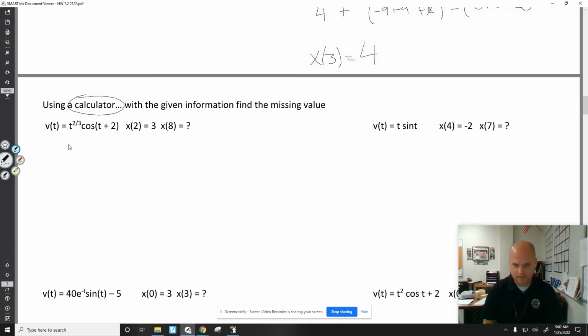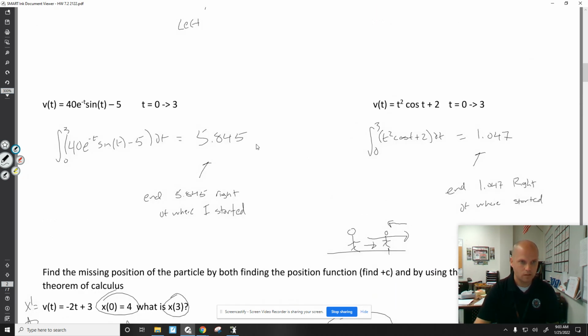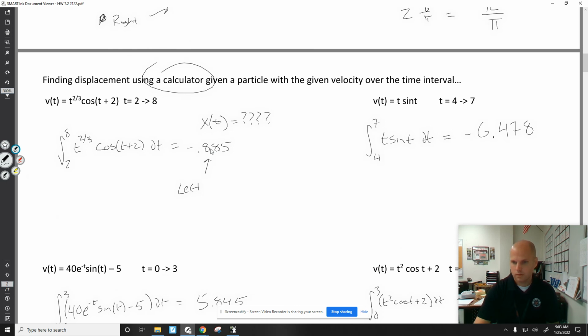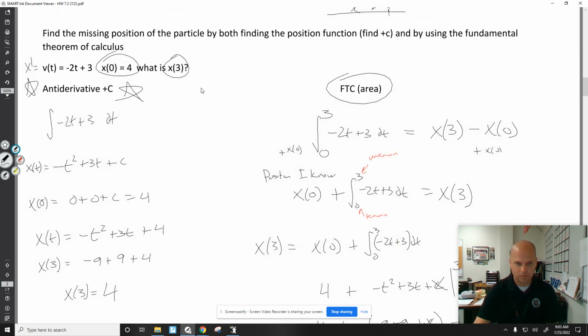You want to find x of 8? Well, I know that at x of 2, I'm at 3. If I know my displacement, my change in my position between the two, I'll know where I end up at 8. I believe I already found this, 2 to 8. Yeah, so boom, those numbers are available to us.